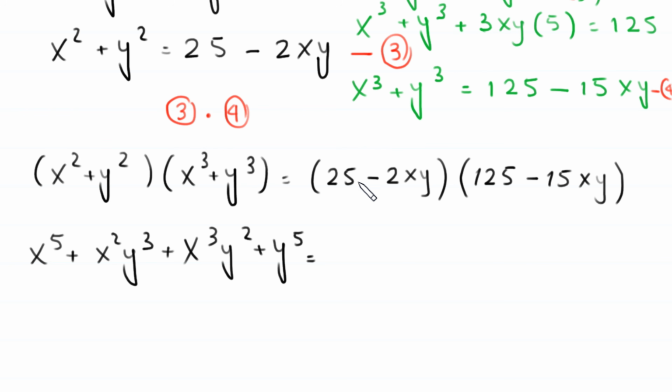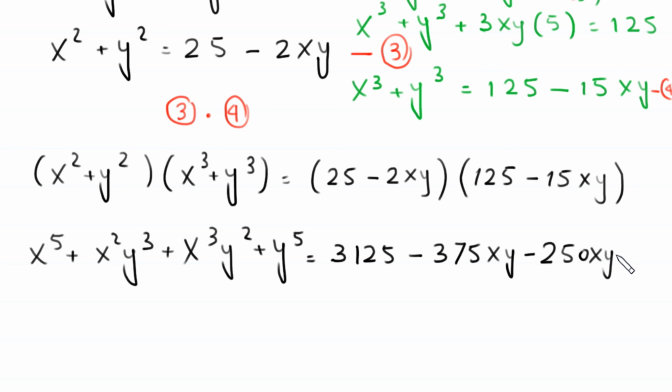This will become 3125 minus 375 times xy minus 250 times xy plus 30 times x squared y squared.